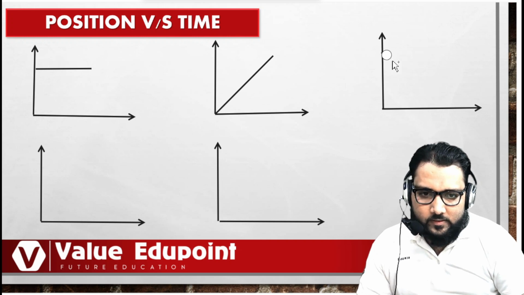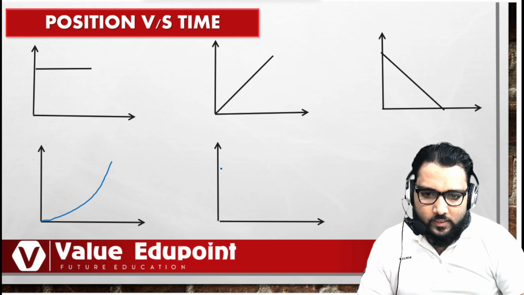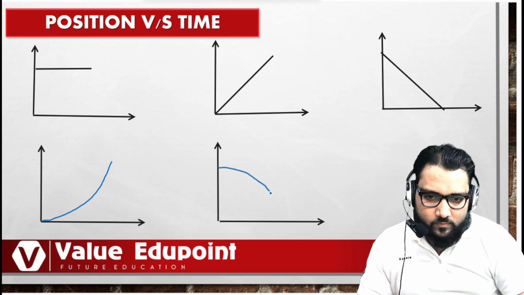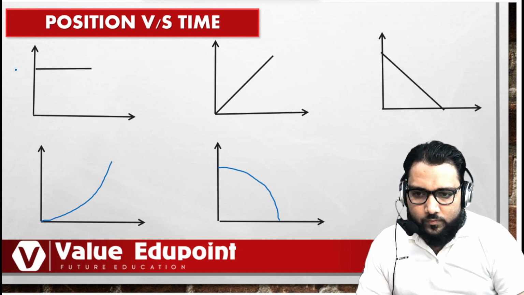Third case, a straight line but with negative slope. Fourth case, a parabola, or a curve. Is it okay, guys? Now we will discuss one by one.